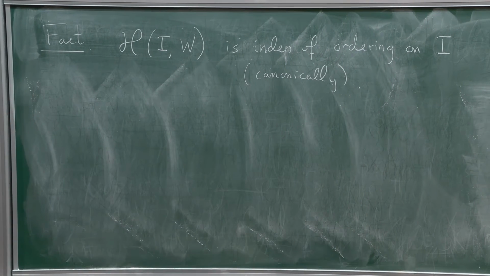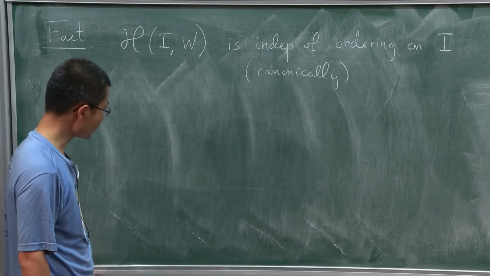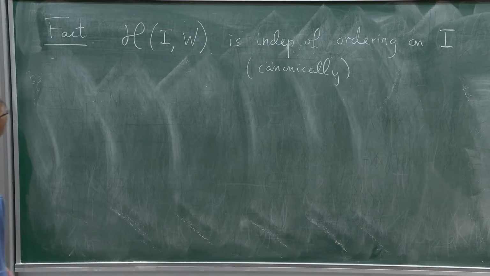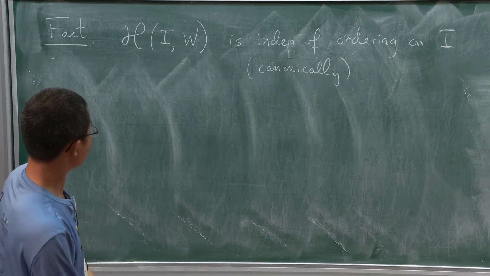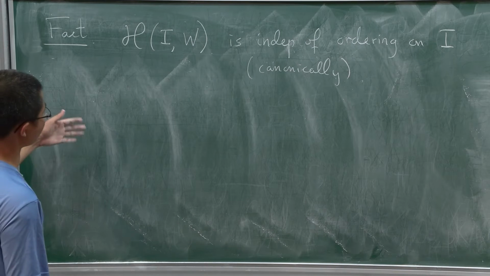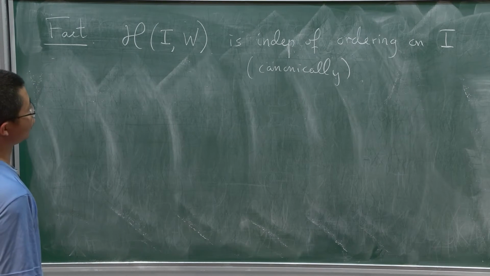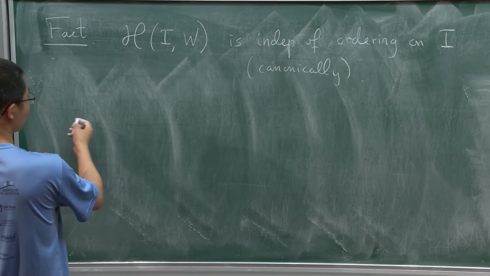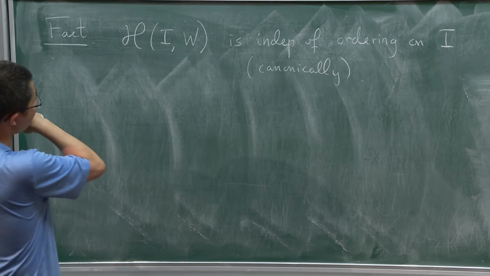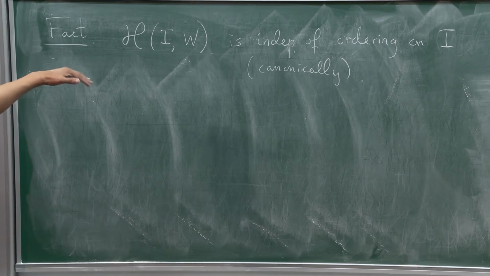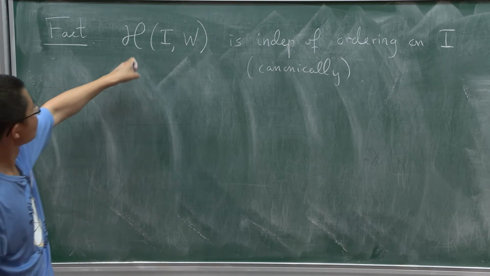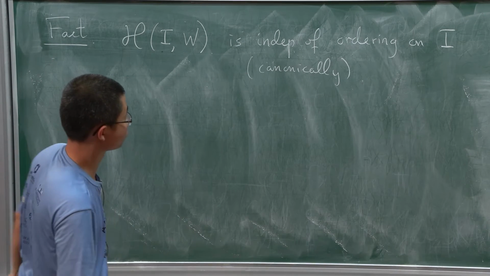Yeah, this is the reason it can be traced back to some important properties of the affine Grassmannian, or Beilinson-Drinfeld affine Grassmannian. But just in one sentence, you can give a definition that does not use an ordering on I.